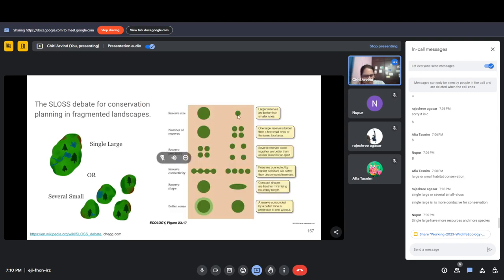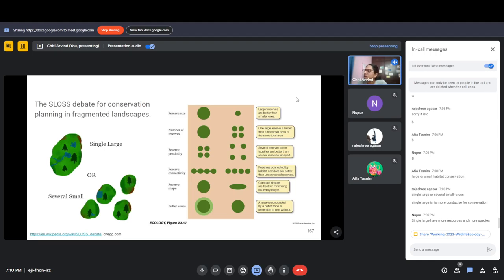So this is a figure that came out in a journal, an ecology-related concept, and here they have drawn out parallels for the single large versus several small fragment sizes, right?